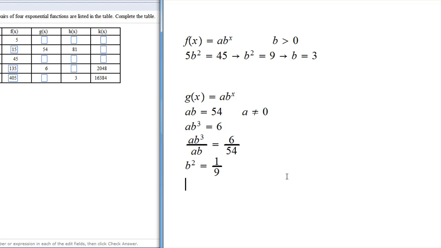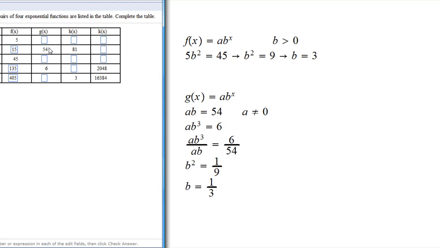So what will be the square root of 1 over 9? And we want the positive square root in this case because our base has to be a positive number. That is going to be 1/3. So let's go back here. This value will be 1/3 of 54, which is 18, right?